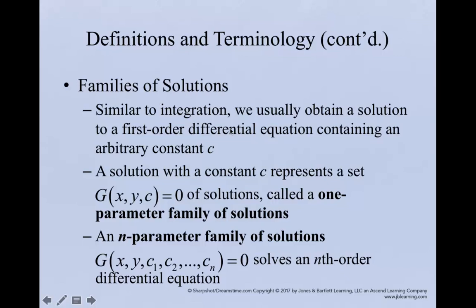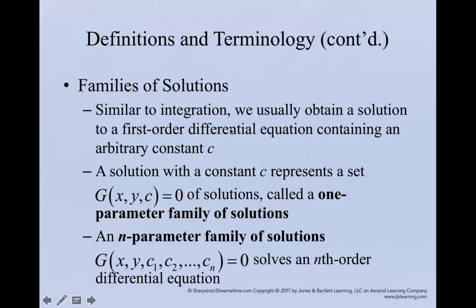We could add any constant to that function and it will still satisfy the differential equation because as soon as the function was differentiated, the constant went out. So a solution with a constant c basically represents a family of curves, and we refer to c as a parameter.